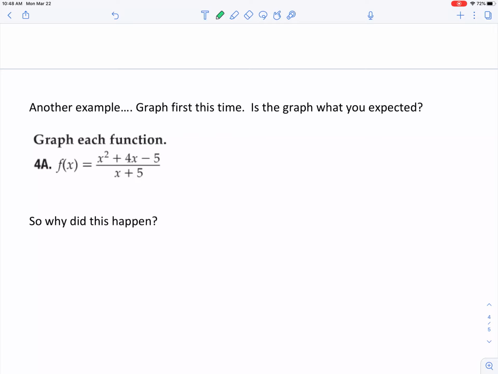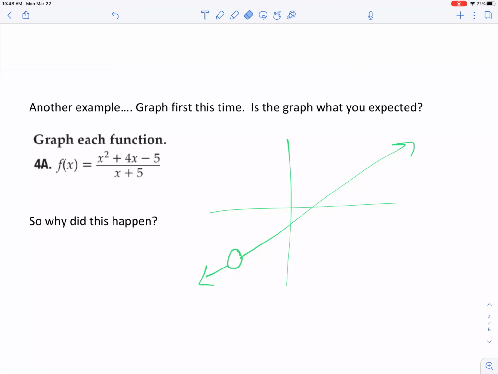And when I hit graph, I'm fully expecting something super funky, and I am surprised because what I actually see looks like this. Some calculators will just leave a blank. Some of them might put a circle, but this is what I see.